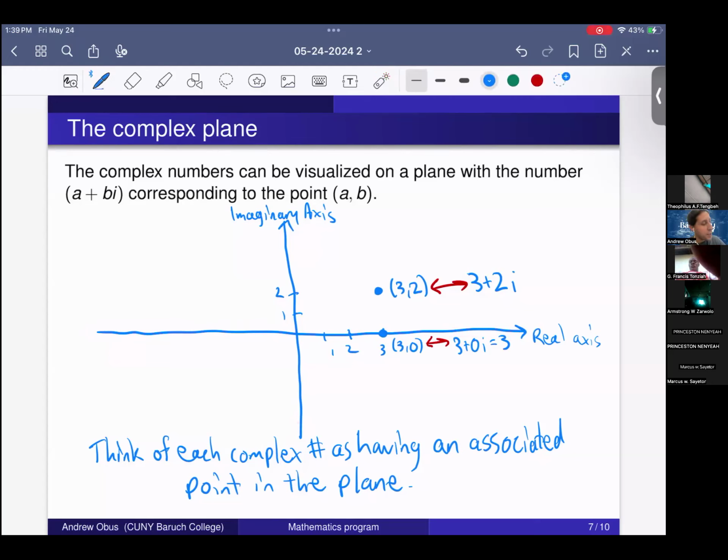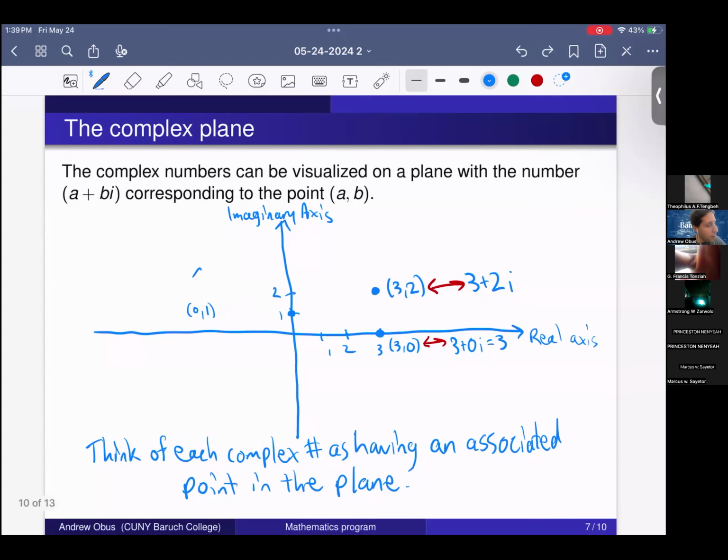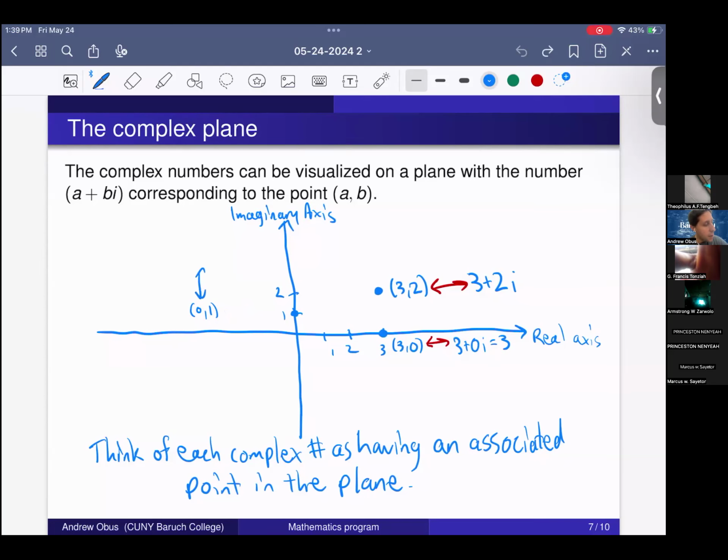So this point, for instance, is the point (0, 1). I don't want to say equal, I want to say it's associated to 0 plus 1i, which is the other word for i.